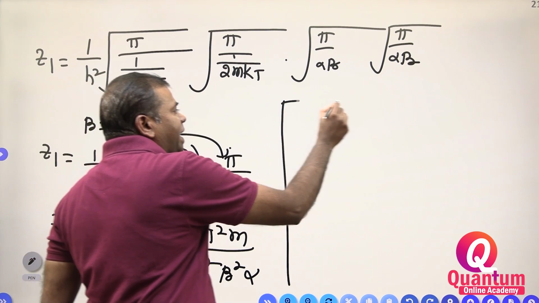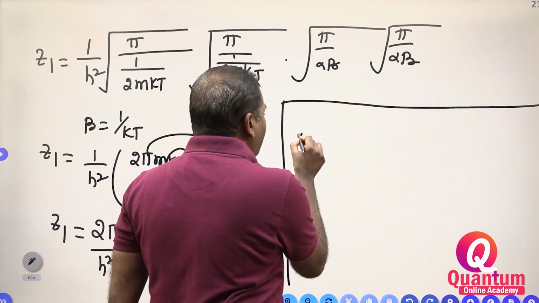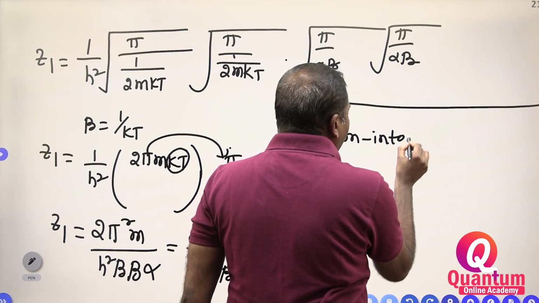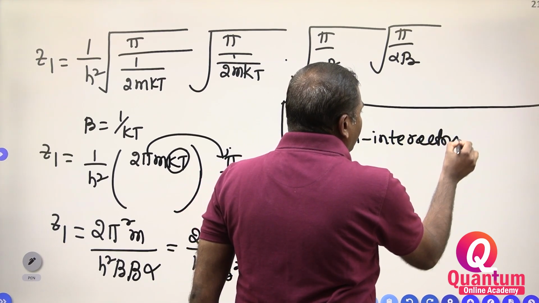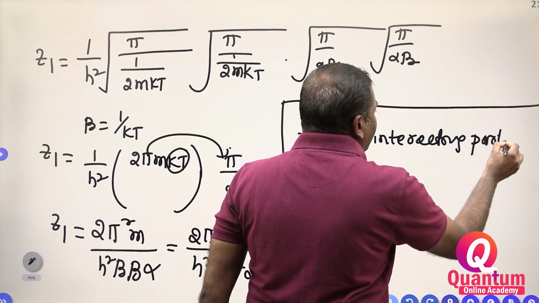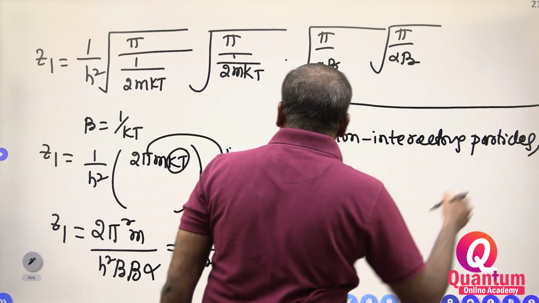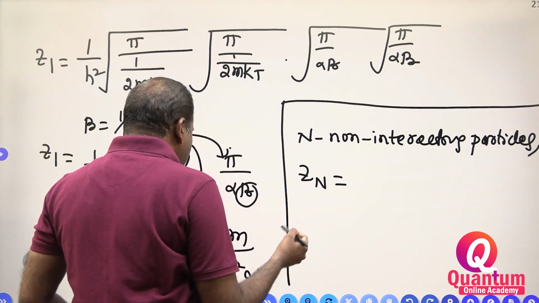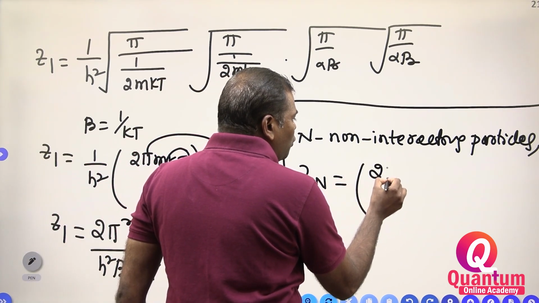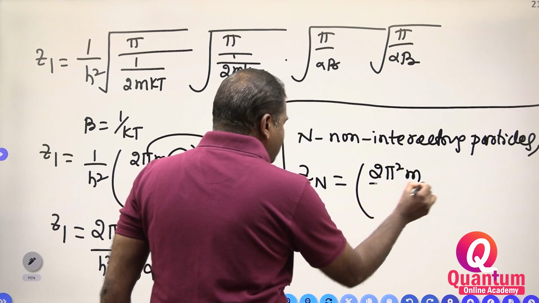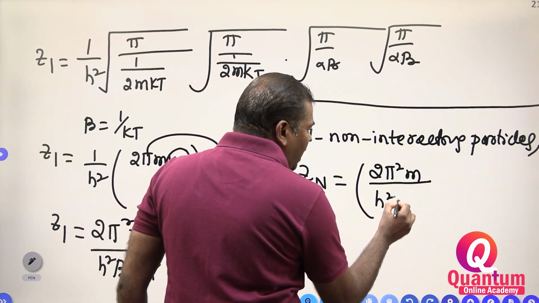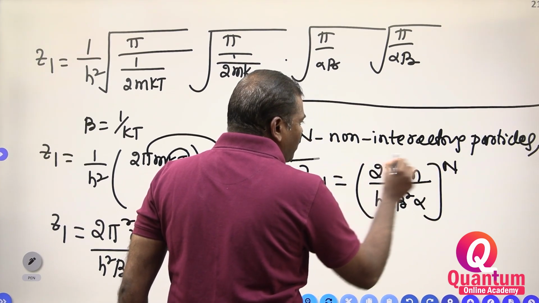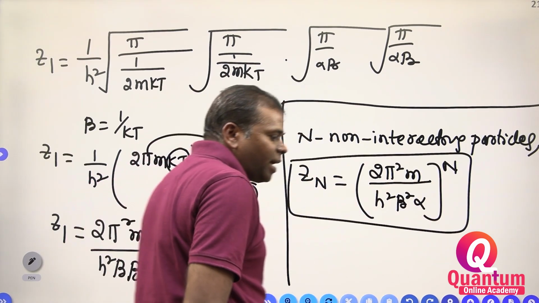For N non-interacting particles, Zn is equal to 2 pi square m divided by h square beta square alpha, whole to the power of N. This is your expected answer.